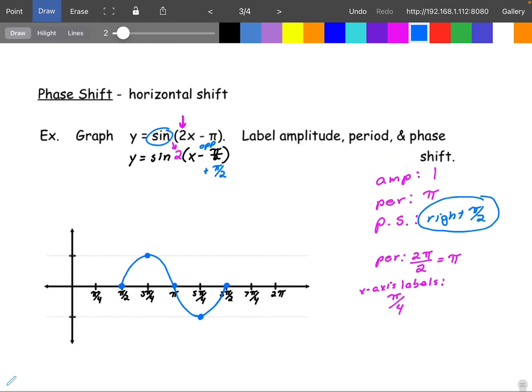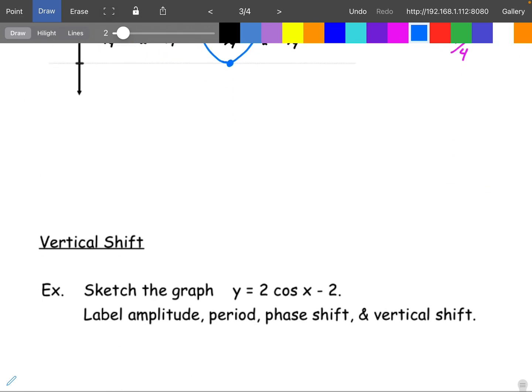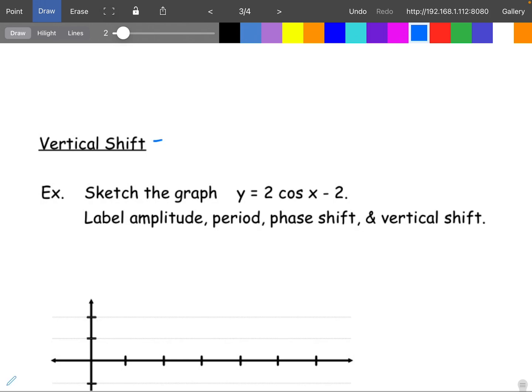So we said for the phase shift, it always came from inside the parentheses. So a phase shift is always going to have parentheses. All right, then a vertical shift, no parentheses.